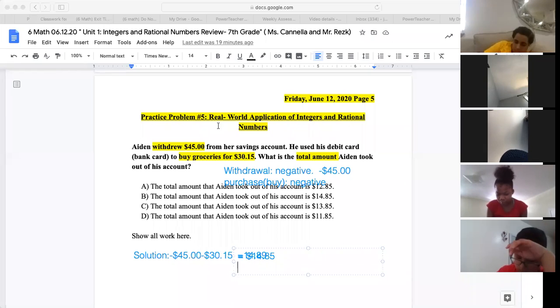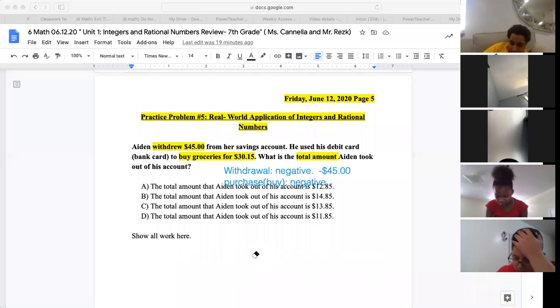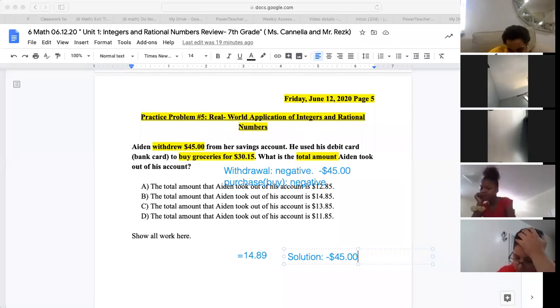Wait a minute. Why is there a 9? That should be a 5 there. Listen, the solution should be negative $45 minus $30.15 is equal to $14.85.